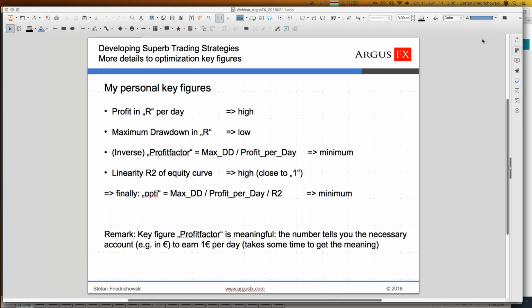All of you who are a little bit more familiar with mathematical considerations would realize that there's one open question within that formula, and that is the length, the duration of the equity curve or the history you have considered, because for the maximum drawdown in general, the longer you run a strategy, the higher the maximum drawdown will be.